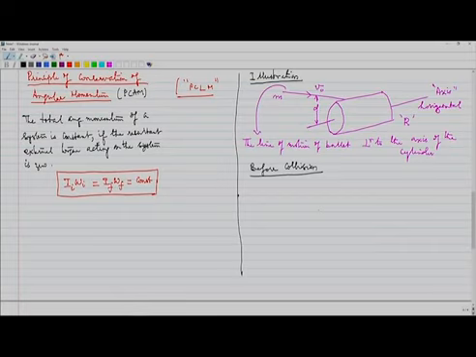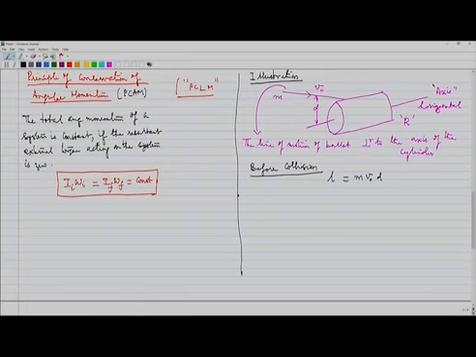Before collision, only the bullet alone has the angular momentum with respect to the axis of the cylinder, and its value is L equal to M V naught into D. M V naught is the momentum, multiplied by the distance.